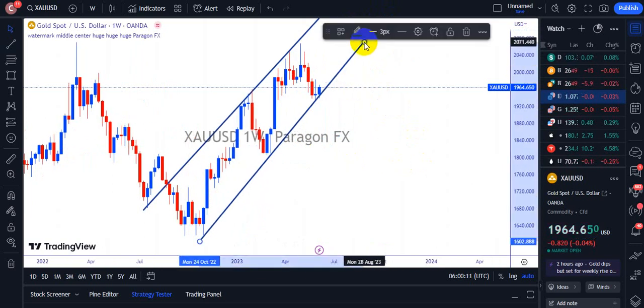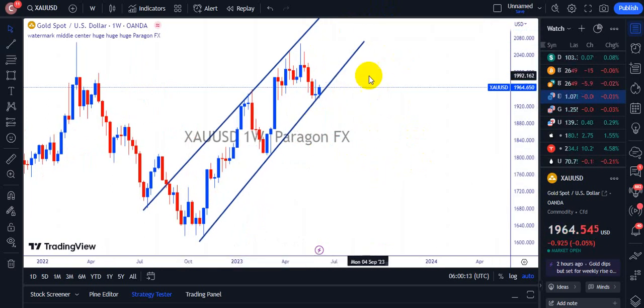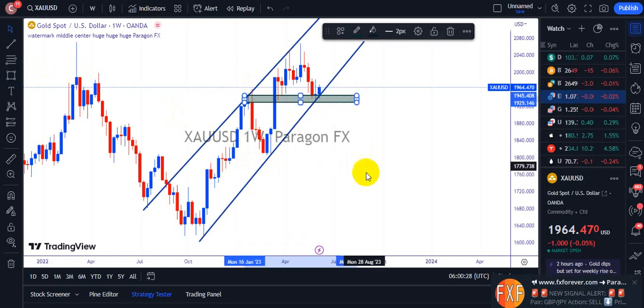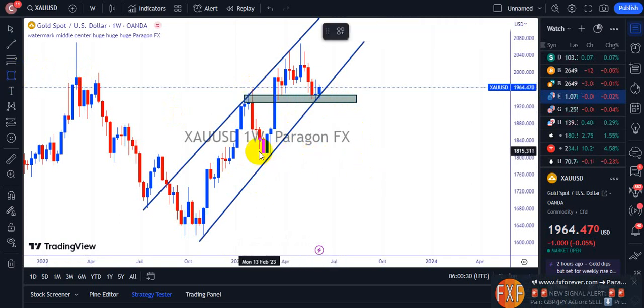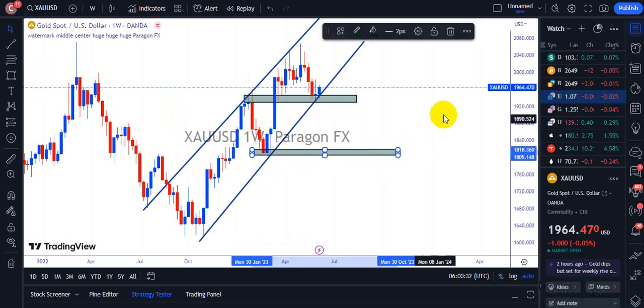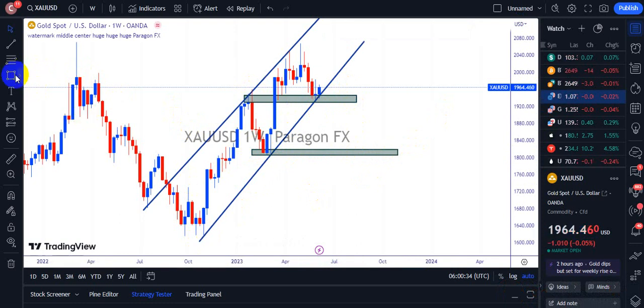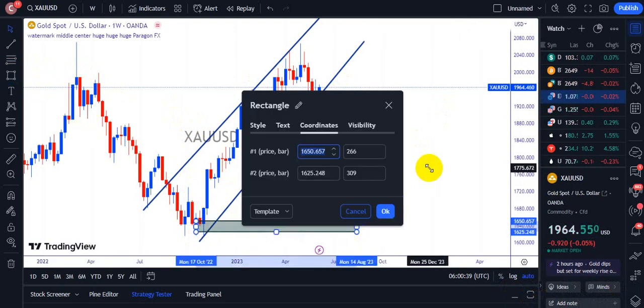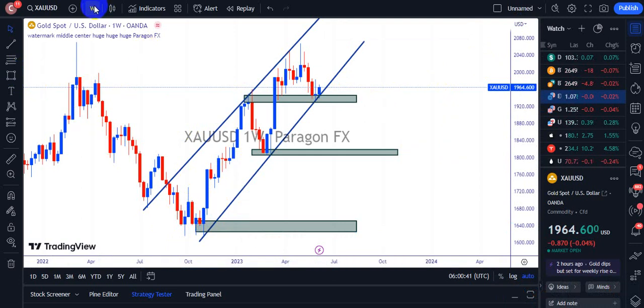When this channel is broke, then we can sell long sell till 1650, 1670 or 1800, because this high is still holding. This high, this low, okay, and this low. This TL is still holding.